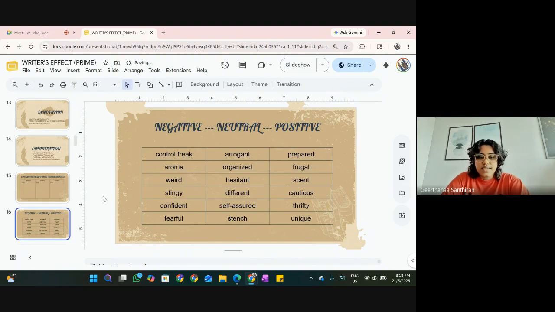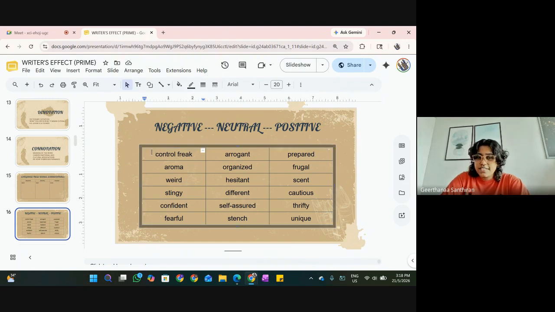Let's pick something else. Control freak. Control freak is clearly a situation where you're calling someone out for this flaw that they have, right? This is a bad personality trait because they have no flexibility and they're micromanaging, like they are telling everyone what to do and not listening to anyone, and they think their idea is the best.